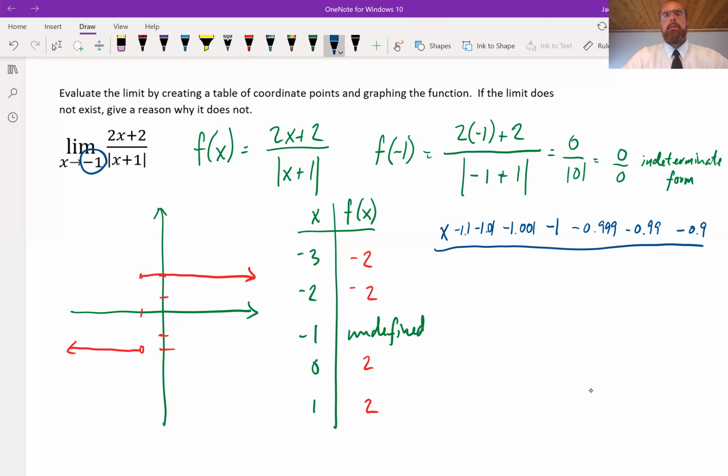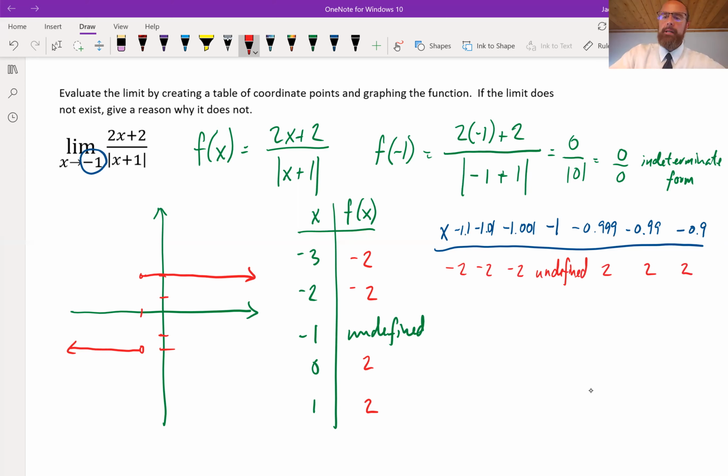Now, if this had been a function with curves around that value of -1, the undefined value, I would definitely want to get specific numbers. But since this just is a horizontal line on the left, same horizontal line shifted up on the right, I know that all of these on the left are going to be -2. Everything on the right is +2.